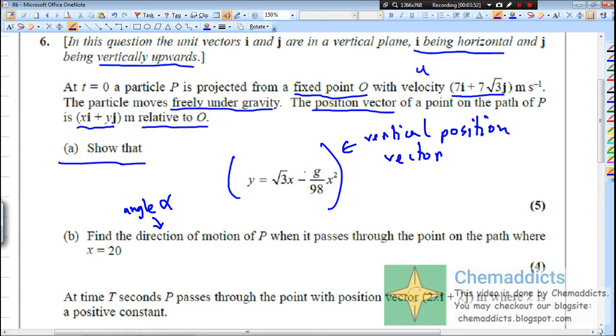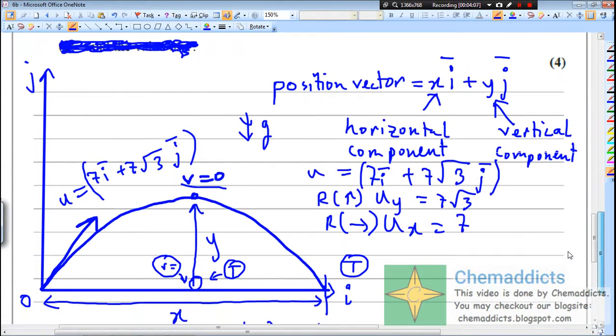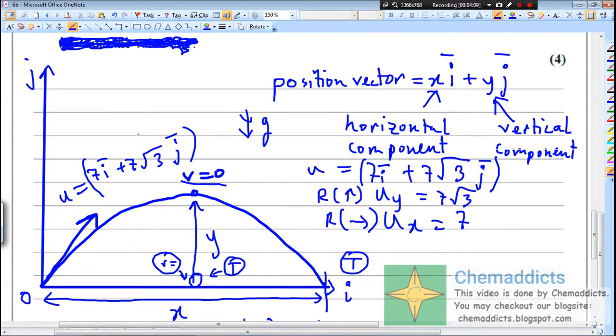Let's find the direction of motion of P. At first, let us interpret this on the previous diagram that we have drawn. This is the diagram from the previous video tutorial.